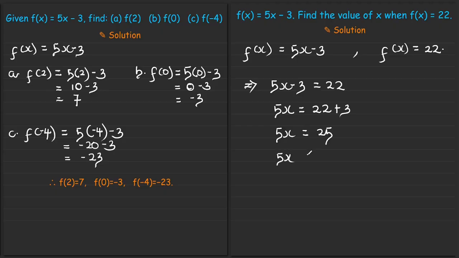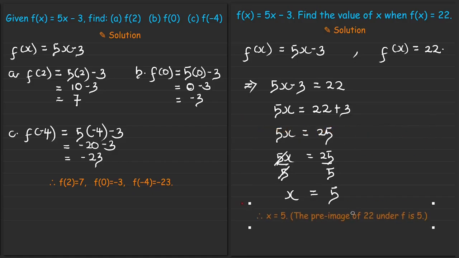Dividing both sides by 5, we are going to get our x, which is equal to 5. So 5 cancels 5. We have x equal to 5. As simple as that. So it simply means the pre-image of 22 is 5, and it was 5 that was put in there to give us the 22. As simple as that.